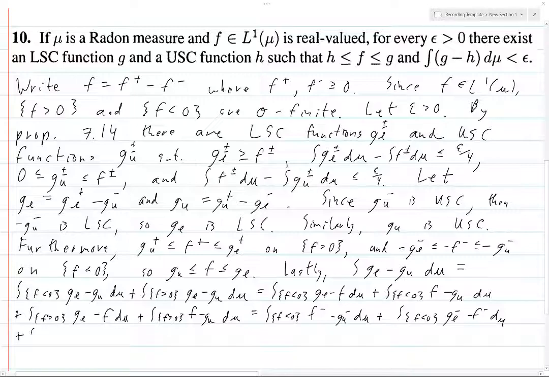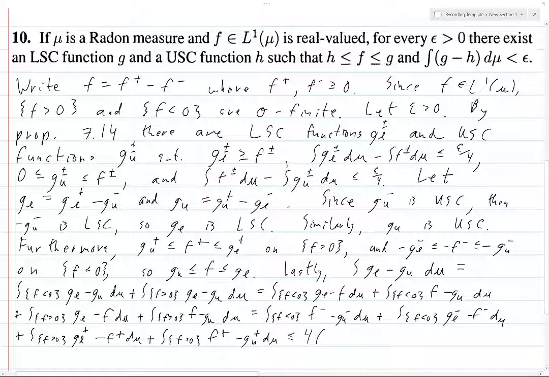Then you've got the integral where f is greater than 0 of GL plus minus f plus d mu, plus the integral of f plus minus gu plus d mu. Well, what is this less than or equal to? We look at each of these 4 terms, and we literally just constructed these all to be less than epsilon over 4. So we've got 4 of them, so this is less than 4 epsilon over 4, which is equal to epsilon.